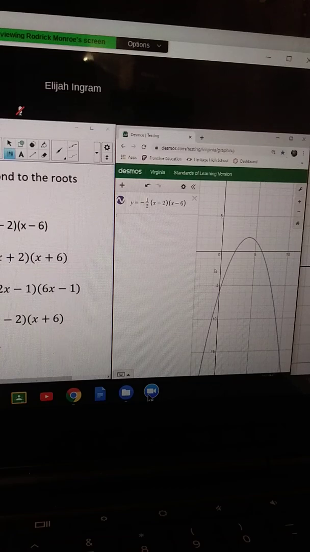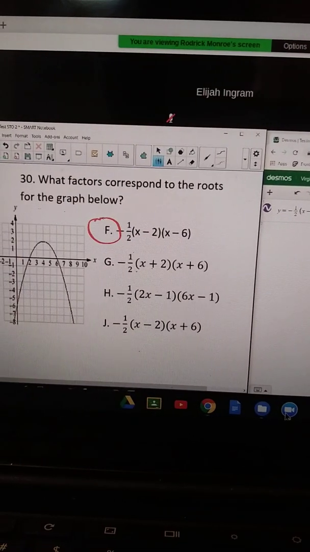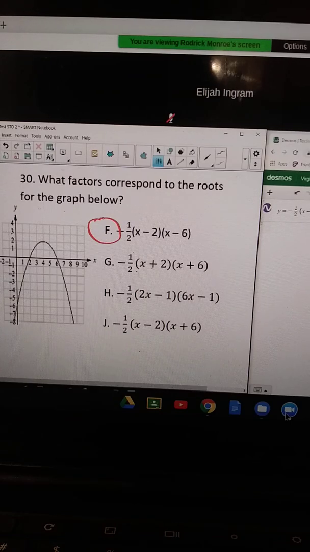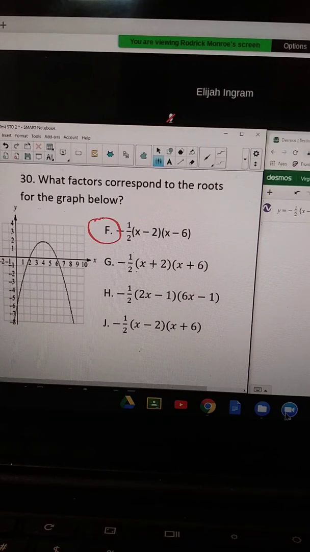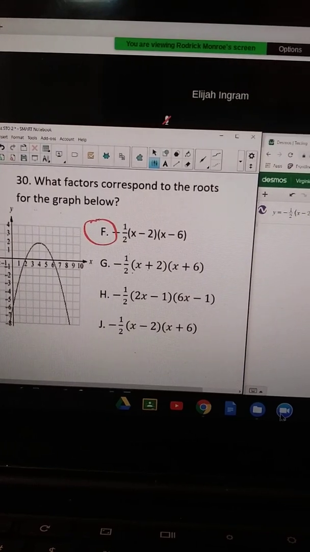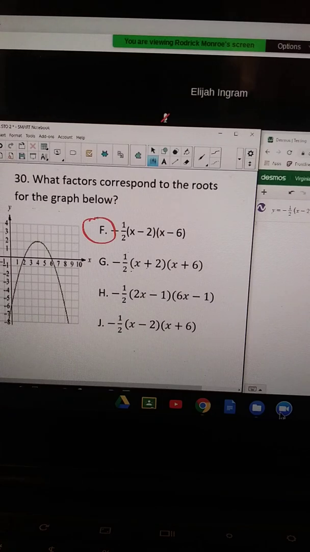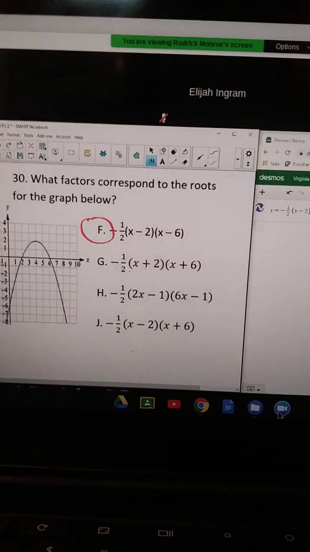So the answer to this one is F. Any questions?